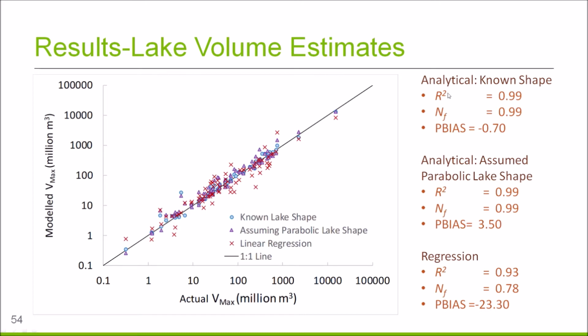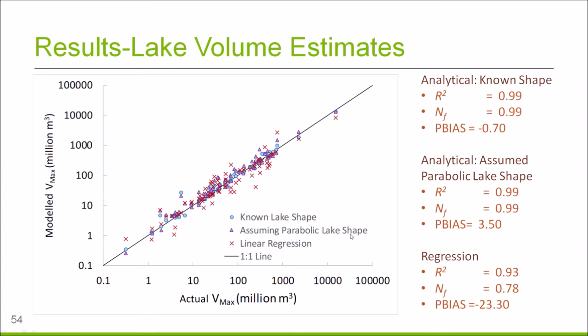And if you look at the statistics, when you know the lake shape, the maximum depth and surface area, you see the R-square is pretty good, and the percent bias is very, very low. Now for some lakes you don't know the lake shape, because in order to know the lake shape you need lake bathymetry, which is again not always available. But you can assume that the lake is parabolic, because the majority of lakes, about 48%, are parabolic.